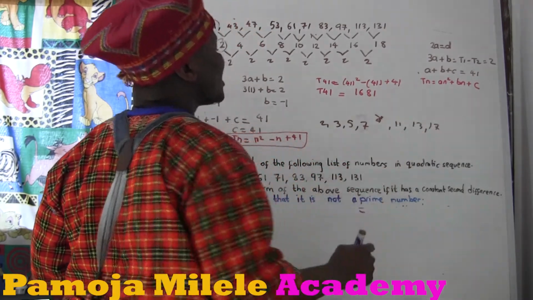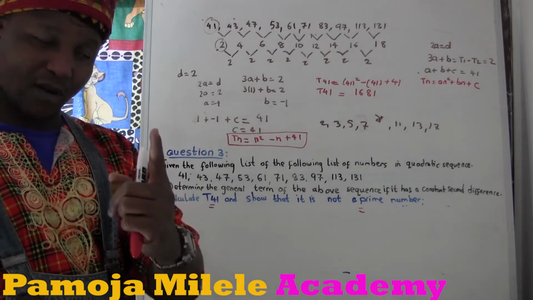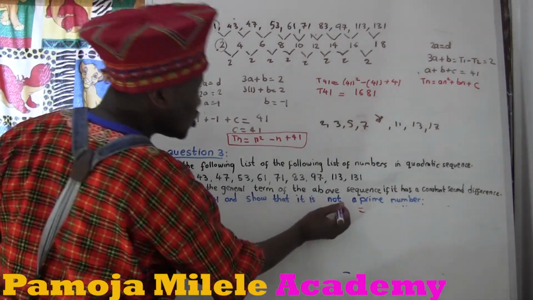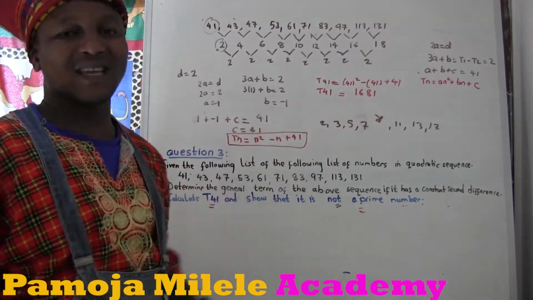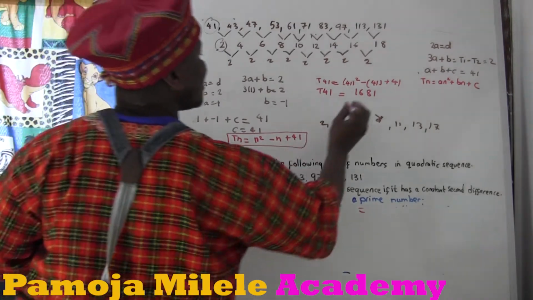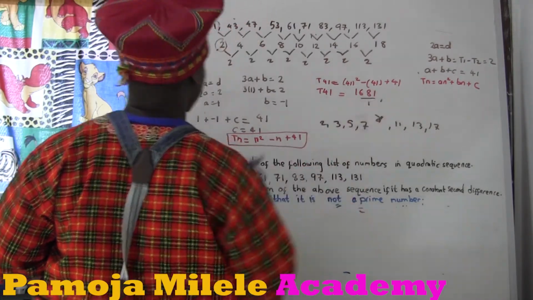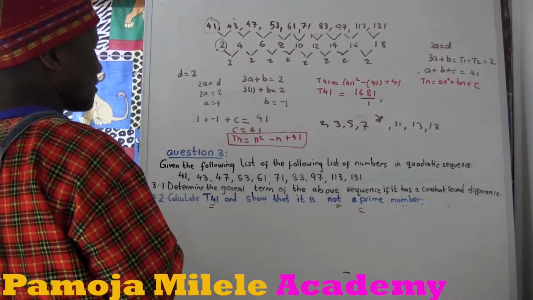These are numbers which cannot be divided by any number, only by itself and 1. So now they say show that it's not a prime number. In other words, this number can be divisible by a certain number. Let's think which number can divide it. It can be divided by 1, and another number, I think 41, if I'm not mistaken.